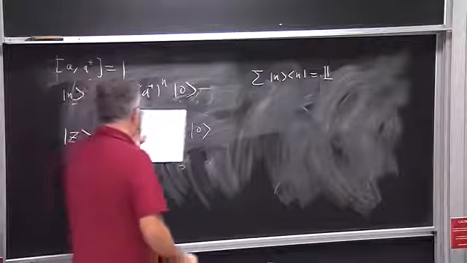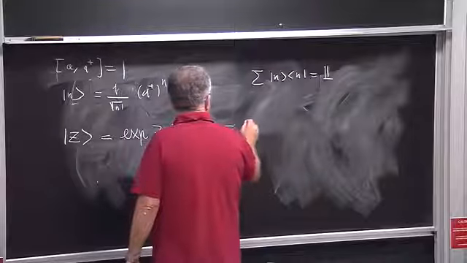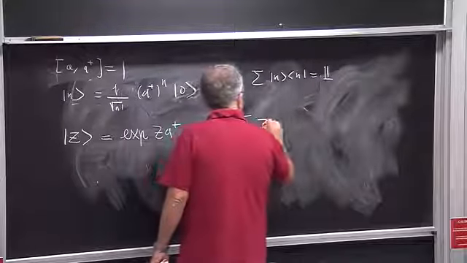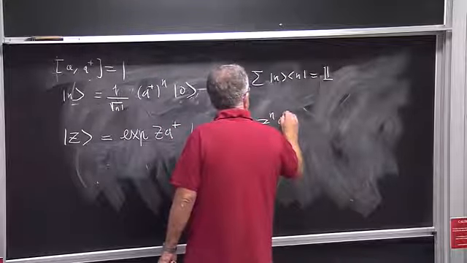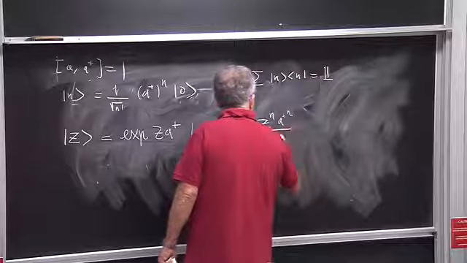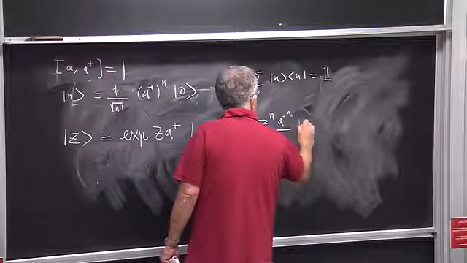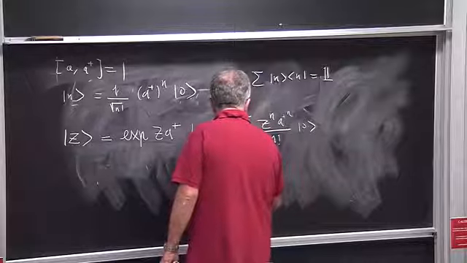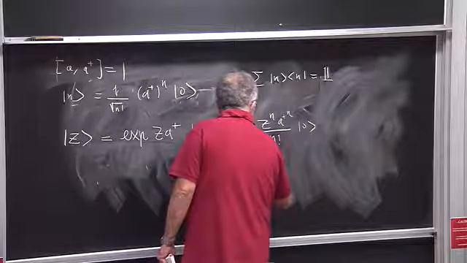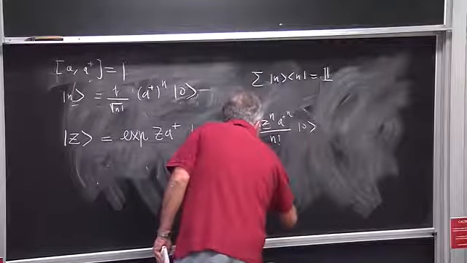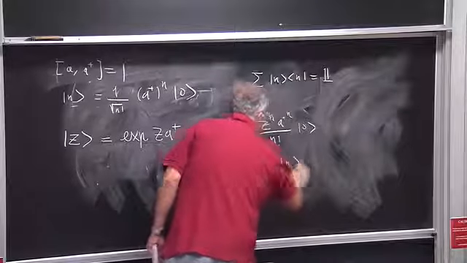If you make an expansion, this is the sum of z^n A dagger^n over n factorial applied to the vacuum. So this is the sum of z^n over square root of n factorial |n>.